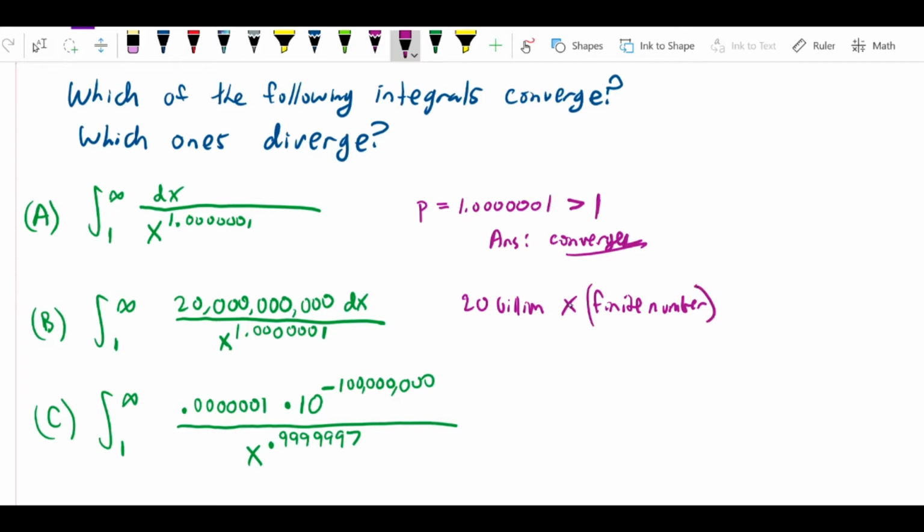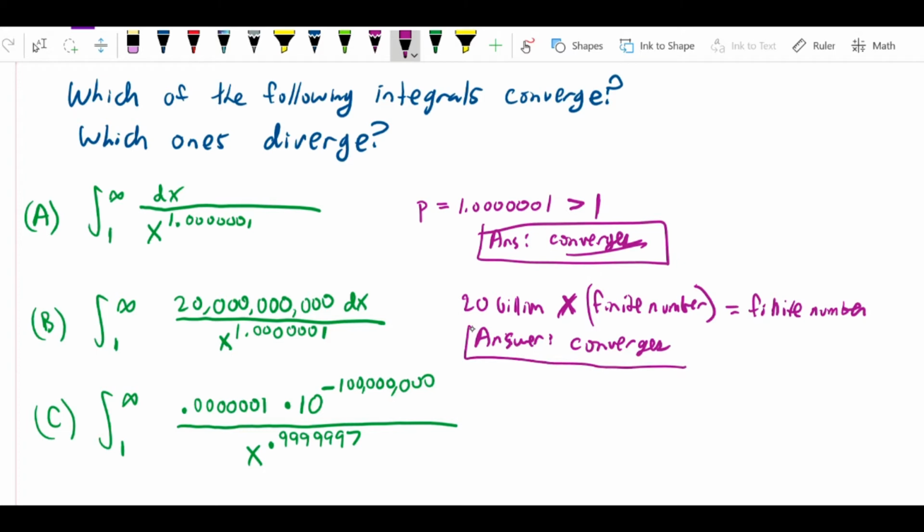It's 20 billion, this is the times symbol, not an x. 20 billion times a finite number still equals a finite number. In other words, if I simply take this 20 billion and put it outside the integral, what I have is an integral that comes out to a finite number. I multiply it by 20 billion, and I get another finite number. So the answer is that b converges. So a converges and b converges.